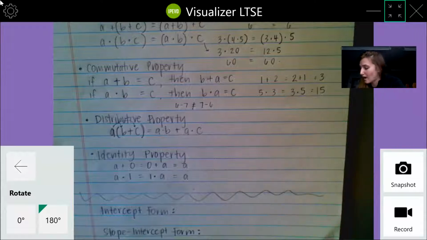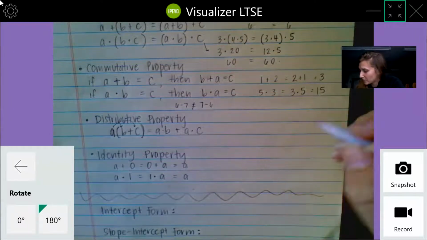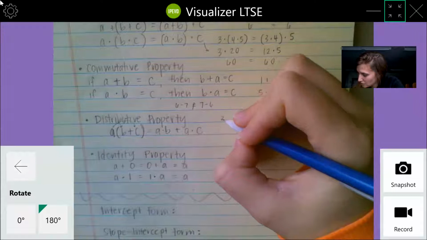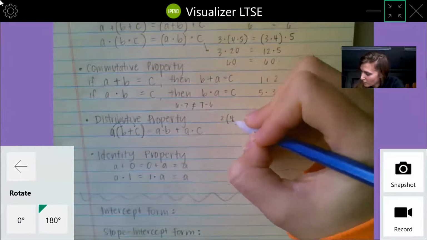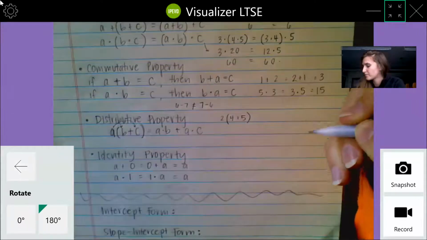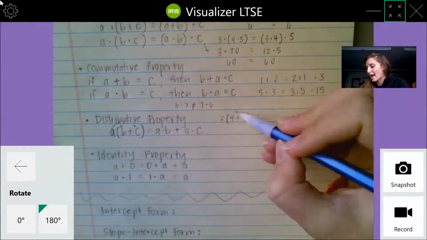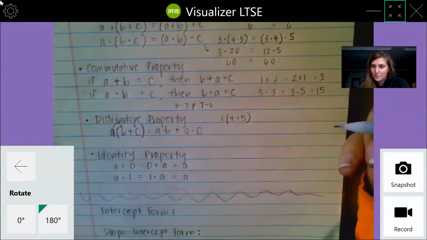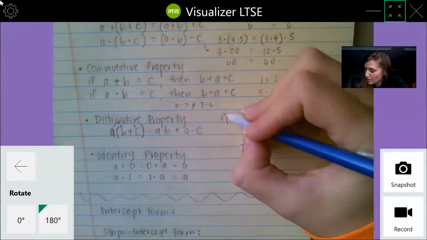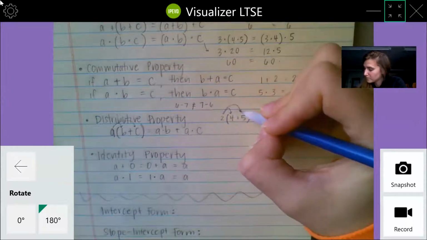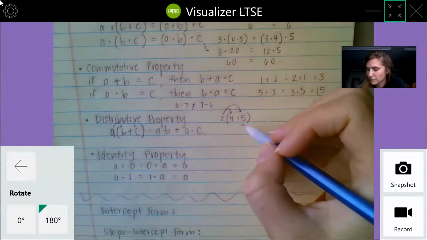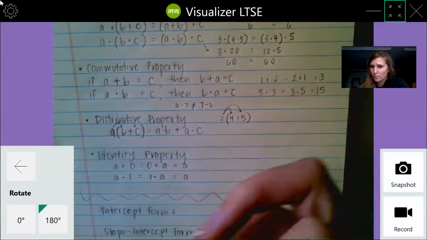So let's take a look at that with some real numbers. So let's say we have 2 times (4 plus 5). So of course we could just add those together and then multiply, but we can also distribute. So let's first do it like if we were just doing order of operations.